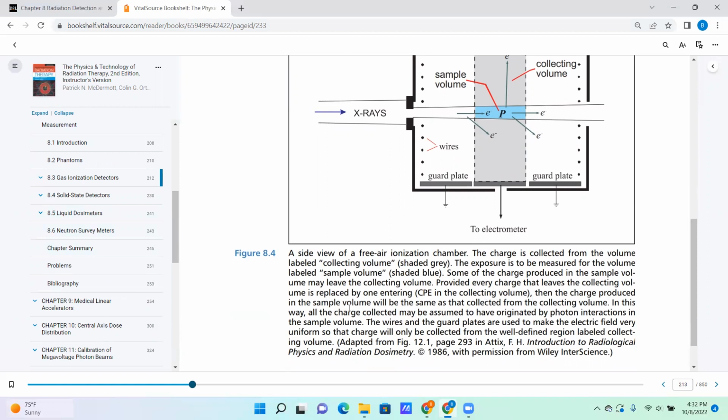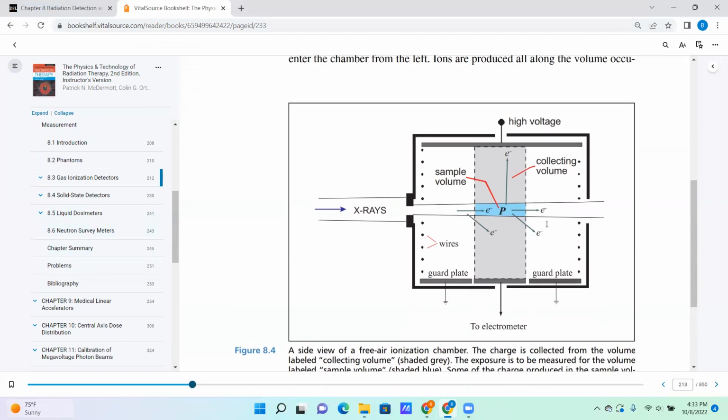In this way, all the charge collected may be assumed to have originated by photon interactions in the sample volume. The wires and the guard plates are used to make the electric field very uniform, so the charge will only be collected from a well-defined region labeled collecting volume. See the wires over here, you can see the guard plates here, you can see the electrometer here, and you've got a voltage being applied here.